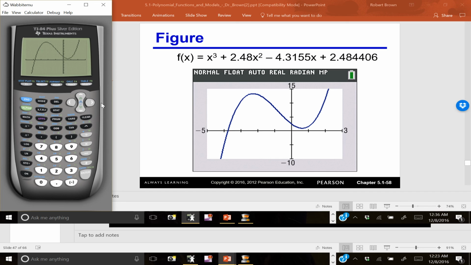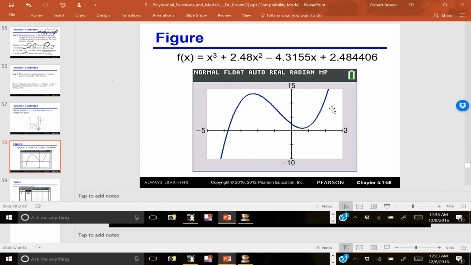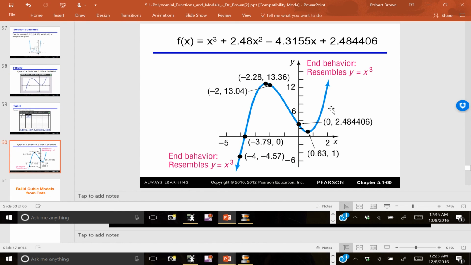What we want to do now is find out what this zero is, find out what this peak value is, and what this minimum value is here. We'll do some of these. Notice that here are the answers.